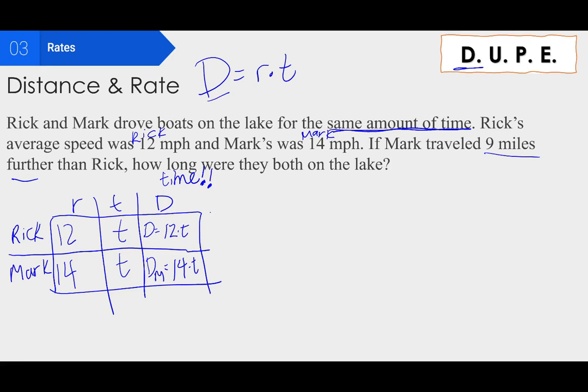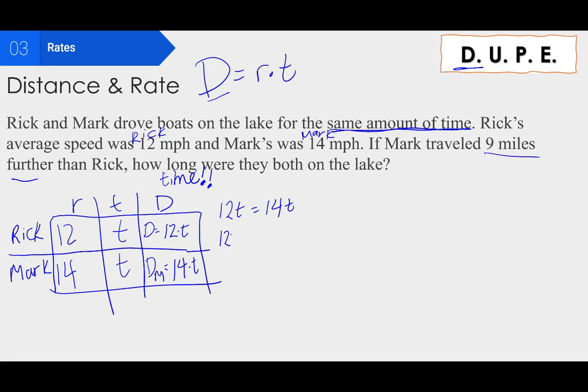So if I just say Rick's distance and Mark's distance are perfectly equal, that's not true, because Mark went further. So in order to say that these two distances are equal, I'm going to have to give Rick a little help.